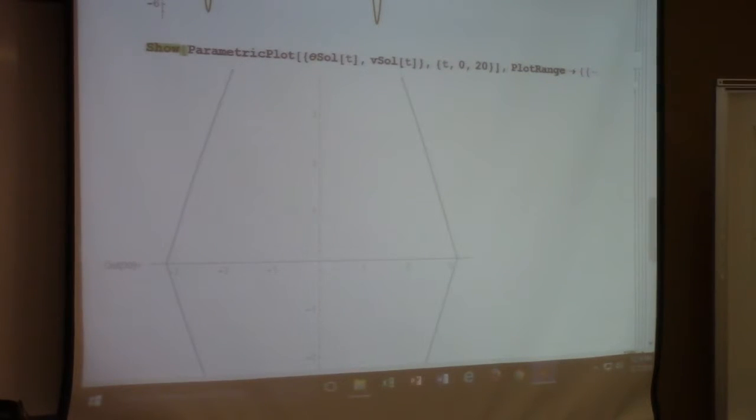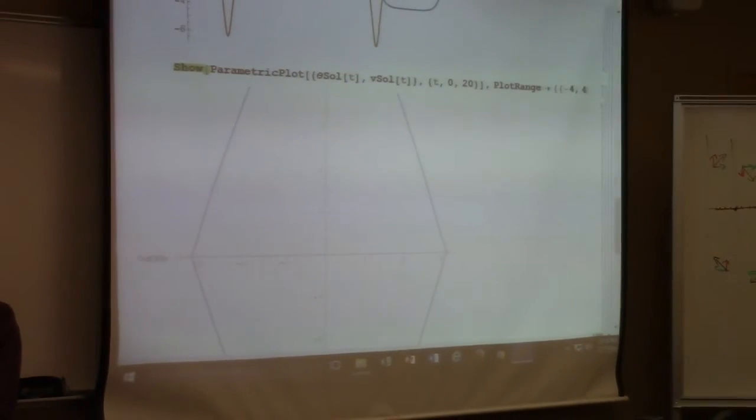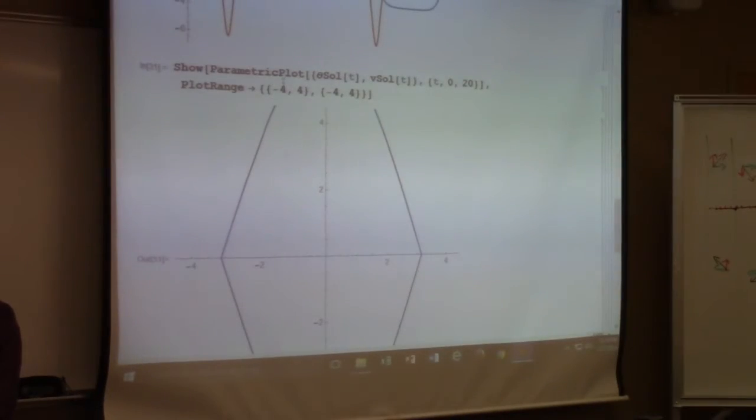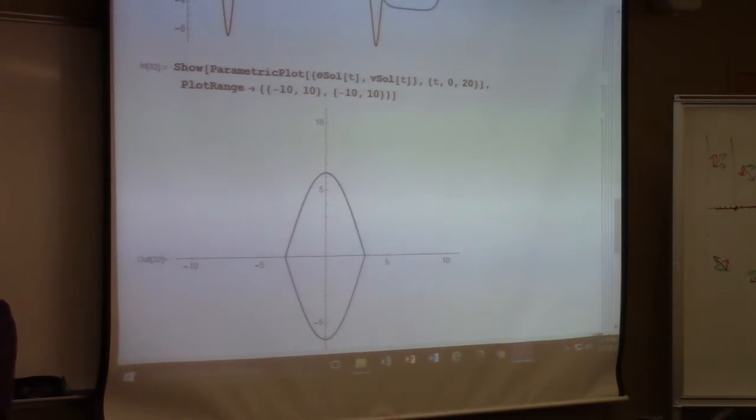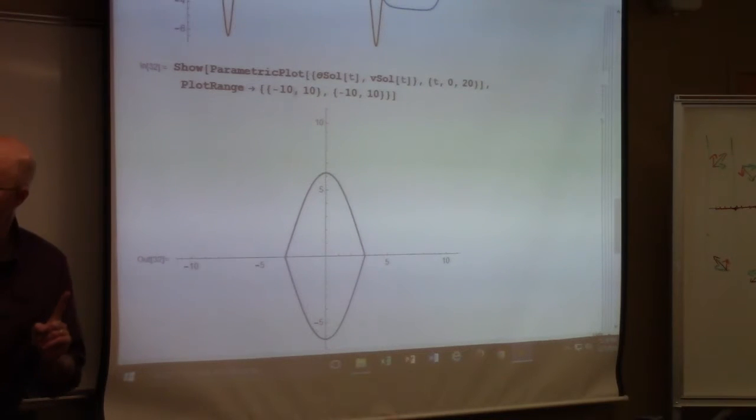But it's definitely not an oval. Oh, that didn't do it, sorry. Let me put one more thing on this picture.